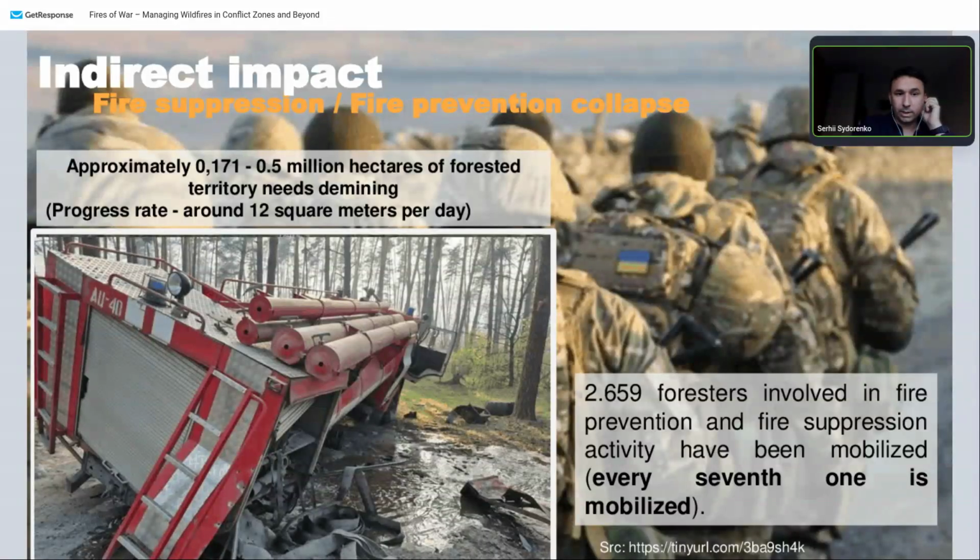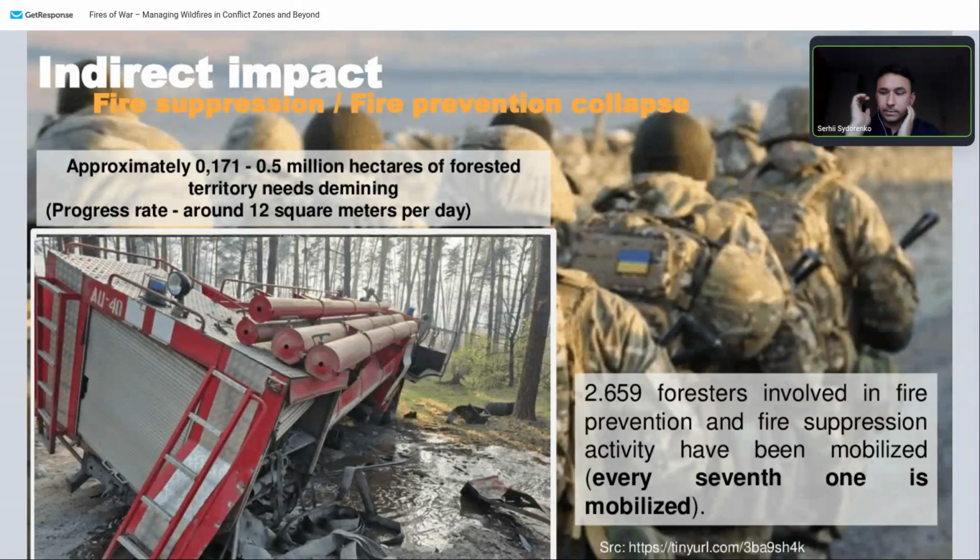And the progress rate for demining, of course, is very dependent on the type of vegetation and also the intensity of this mine pollution, but this progress is very, very slow, and it takes years and years.